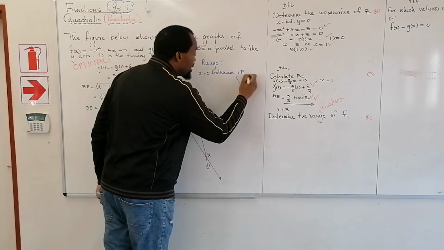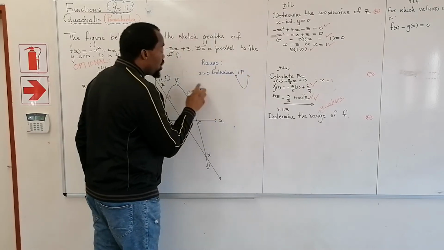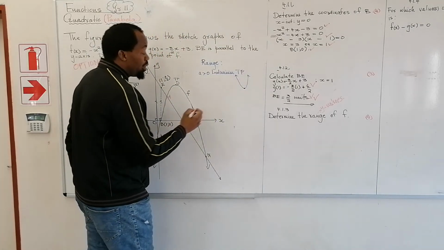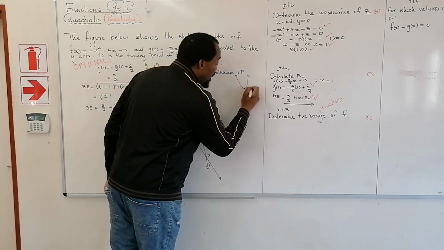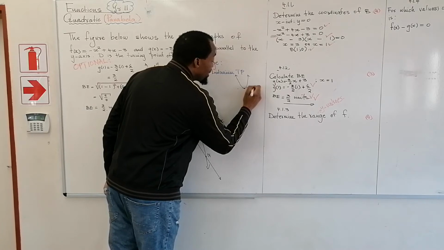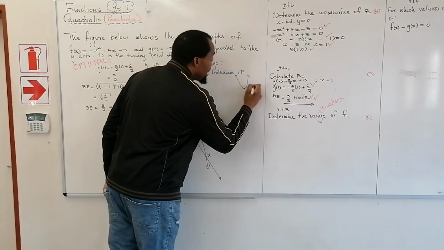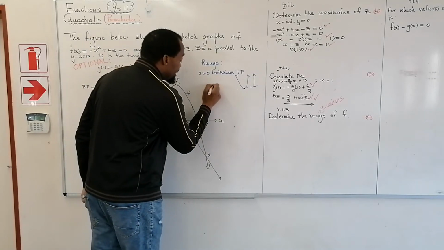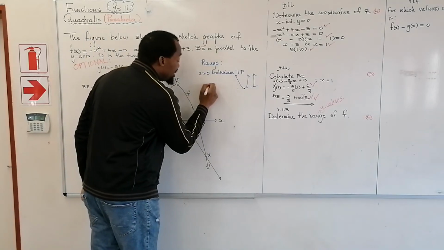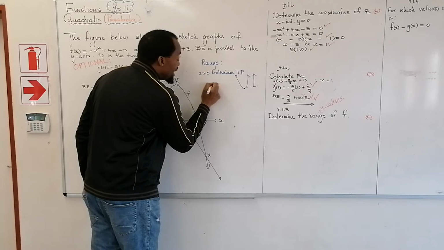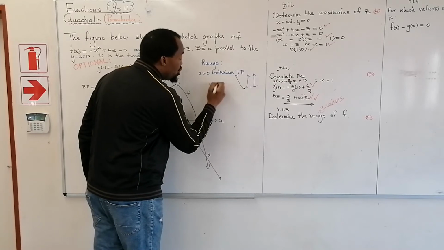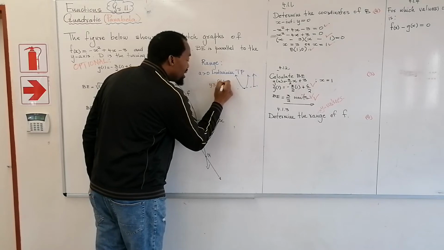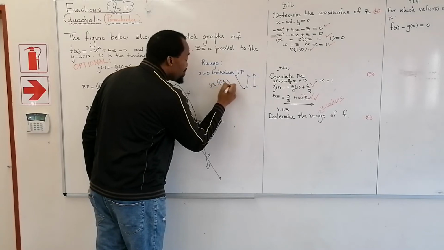It means that my graph is concave up and my turning point is at that point. Now, all the y values of this graph will start from here, going up. Meaning, my range would be y is greater than or equal to the value of y of the turning point.